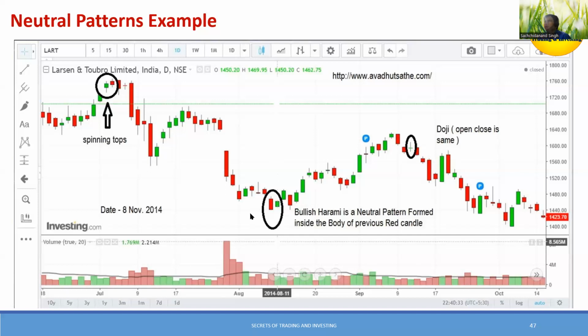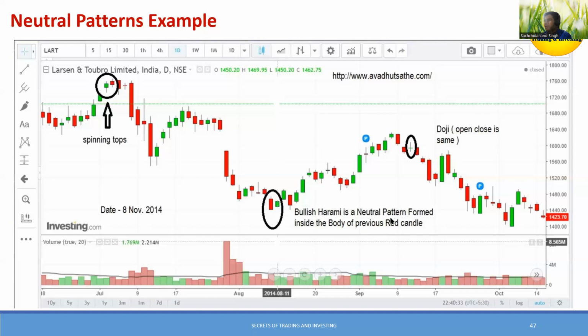And there is one more example of the neutral pattern, if you look in the middle. By the name, it is called harami. In Hindi it is a foul word, but it is not that harami. It is a name coming from the candlestick pattern type.